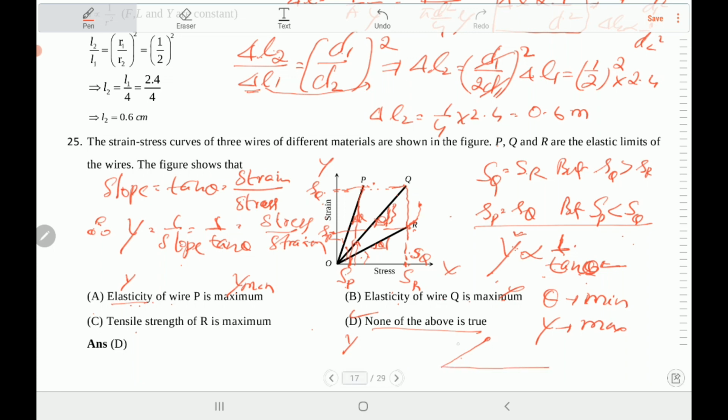If you increase stress, strain also increases, but somewhat like this. Somewhere here the wire breaks. That portion is not explained here for Q and P. It is not explained for Q and P. So the data is inadequate to decide whether tensile strength is maximum for R or for Q. That's why you cannot go with that also. So which is the appropriate option? You go with D. You will move on.